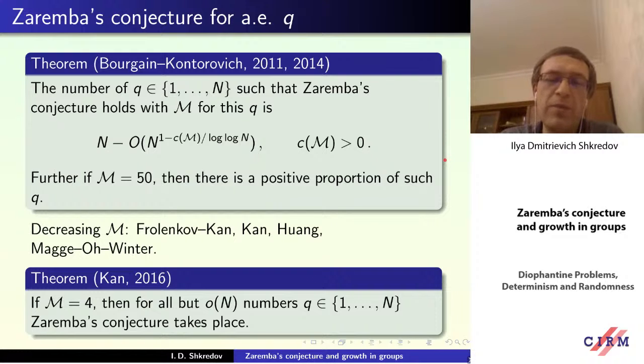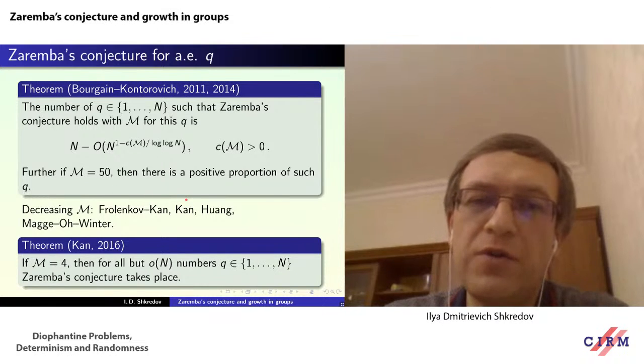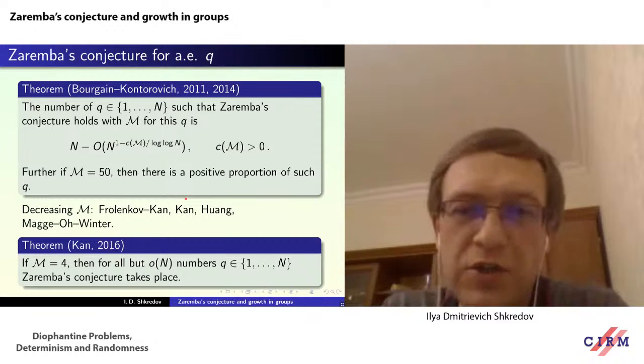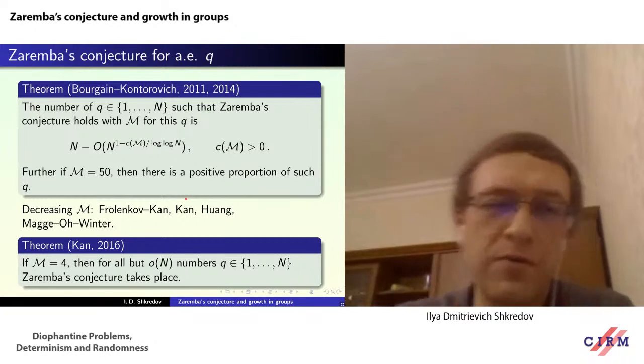And moreover, this dependence on m and the big O can be calculated in a concrete way. For example, if one takes m equals 50, then they show that there is a positive proportion of such q's for which the Zaremba conjecture holds.